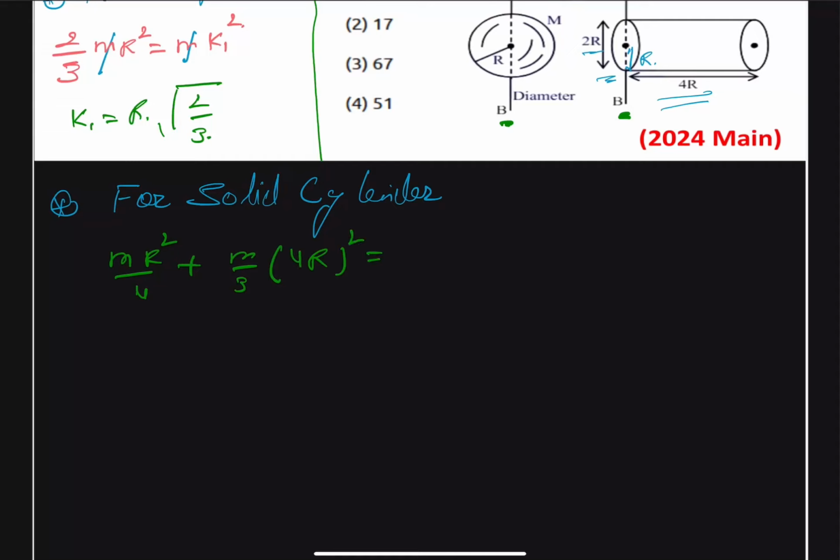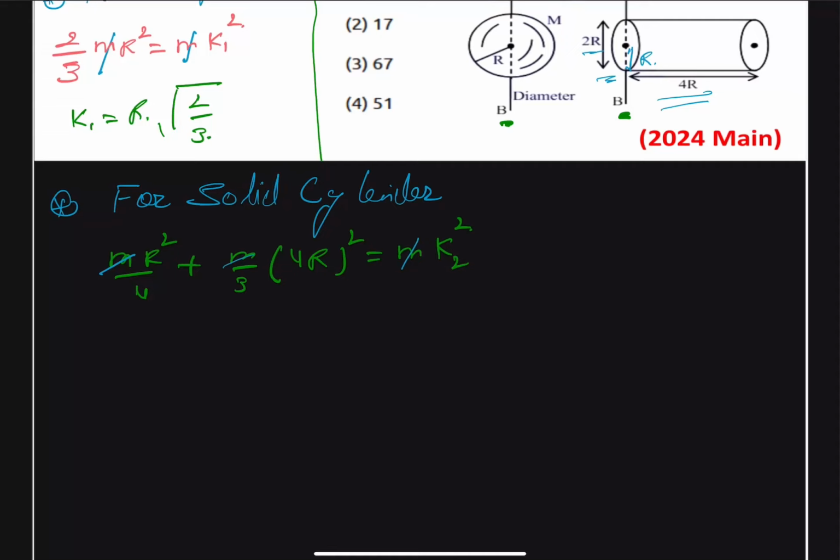This will be equal to m k2 square, and here also this m cancels throughout, and we get this as r square by 4 and 16 upon 3 r square.